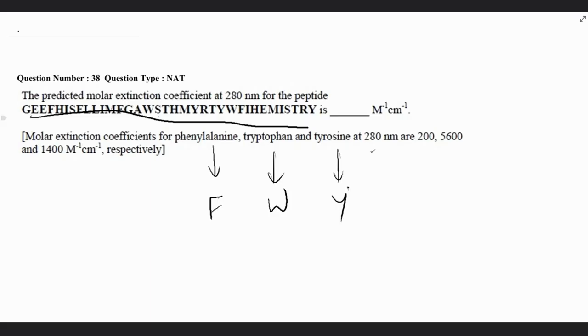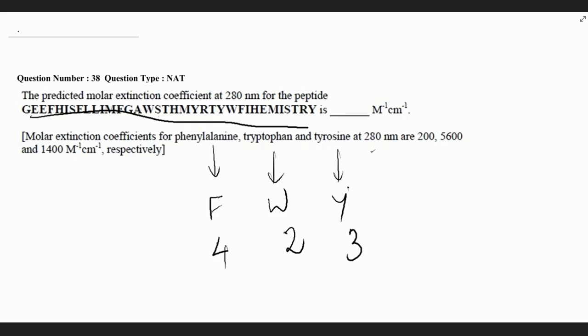From the given sequence, find the number of phenylalanines, tryptophans and tyrosines, multiply them with the respective molar extinction coefficients and add them; that gives the answer for the entire peptide sequence. The number of phenylalanines is 4, the number of tryptophans is 2 if you just count, and the number of tyrosines is 3.